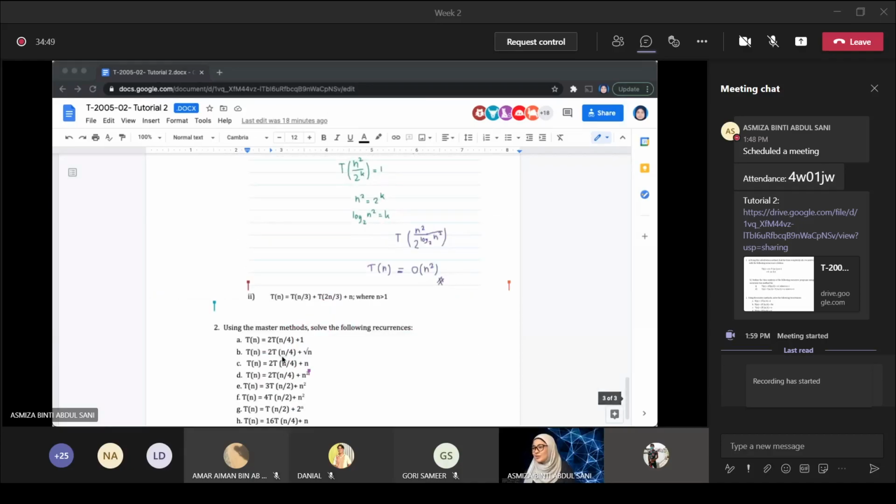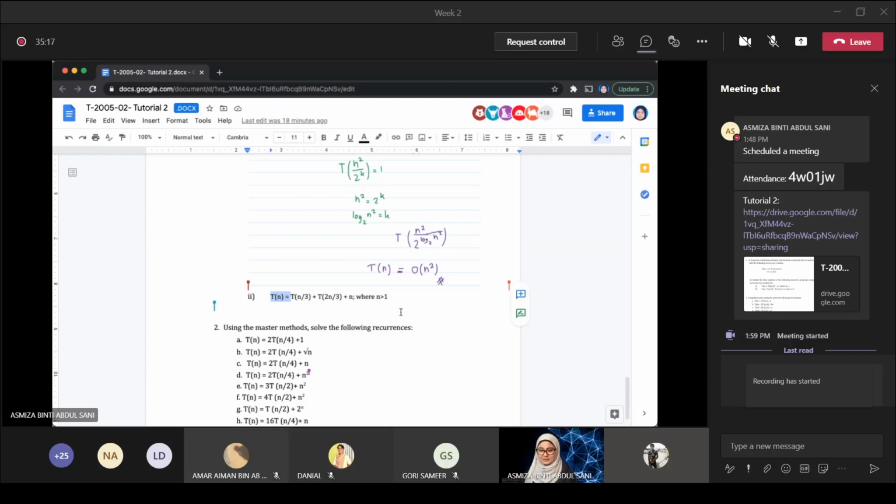Okay, so that is for question B1. Let's look at B2. The recursive relation is T(n) equals T(n over 3) plus T(2n over 3) plus n, where n is bigger than 1.